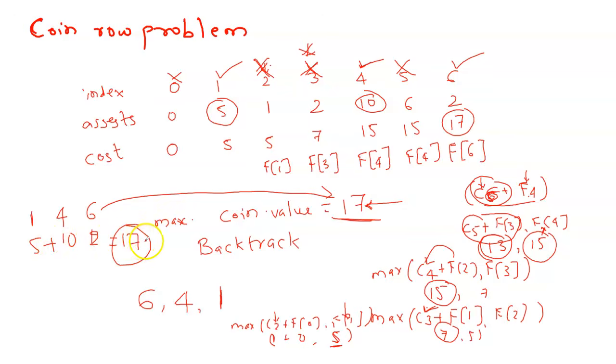This is how you can cross verify the answer. The coins picked are 1, 4, 6; you can write it as 146 or 641. That's the answer, and you can cross verify it like this. This is how we calculate and apply dynamic programming for the coin row problem.